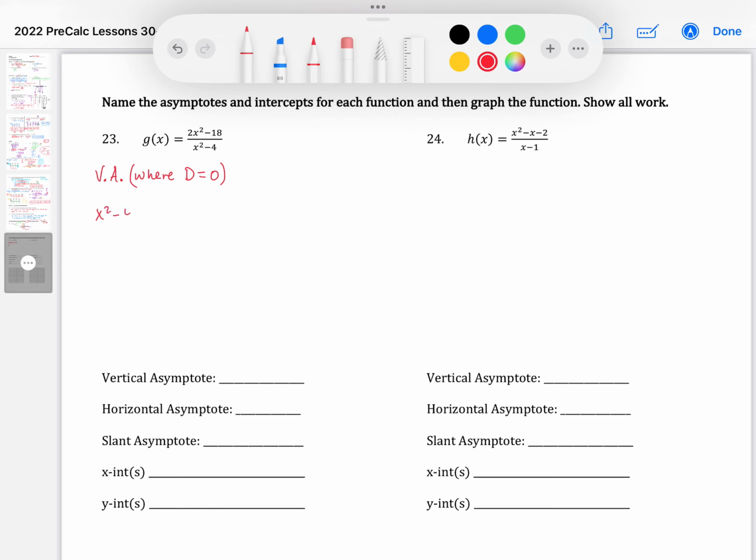So all you have to do is set your denominator equal to 0. And I would do this by factoring. I would say this is a difference of squares. So I have x plus 2 times x minus 2, which gives me x equals -2 and x equals 2. So those are your vertical asymptotes.